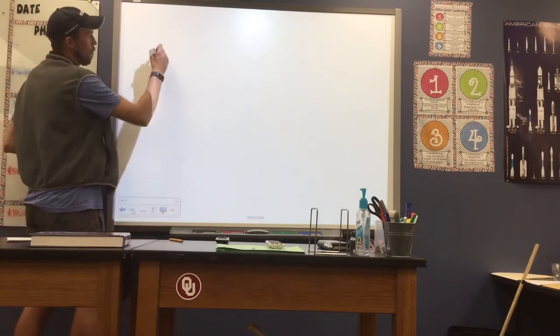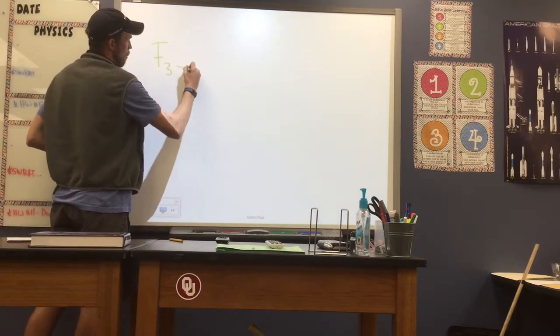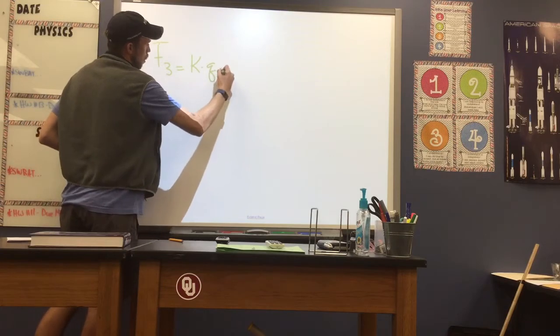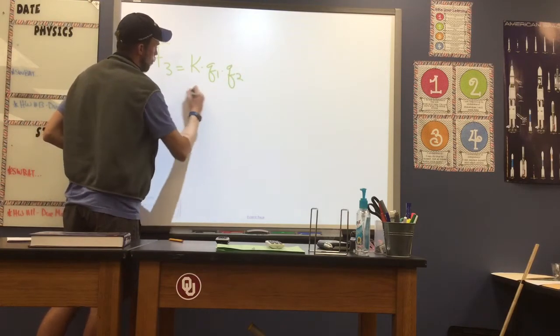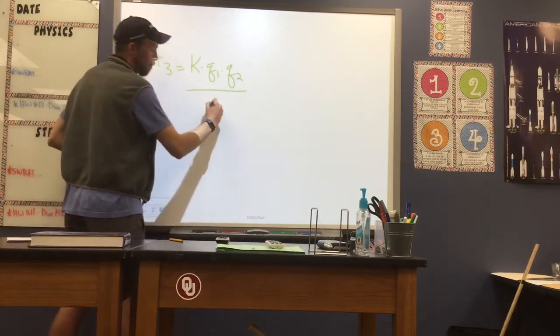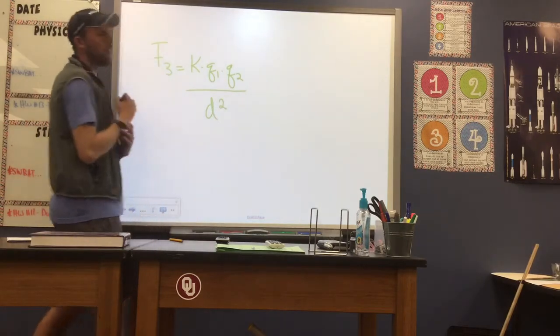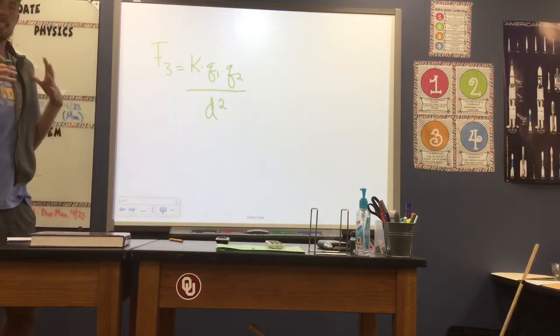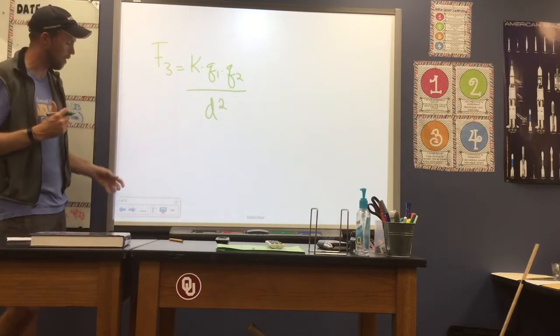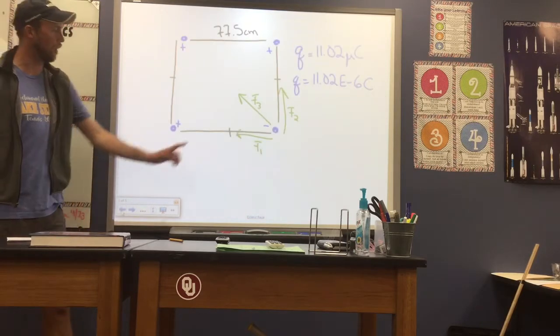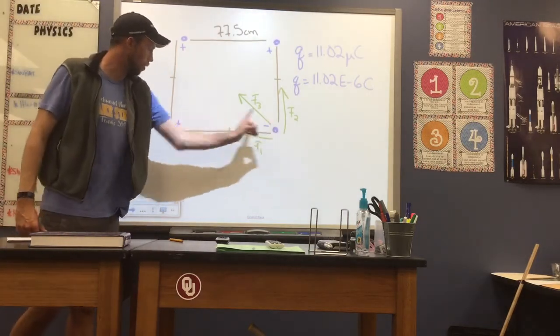Now lastly, I need to solve for F3. So K, Q1, Q2, remember our charges are staying the same here, 11.02 microcoulombs. The difference here is that our distance is a little bit different than our last couple of scenarios, right? Because we're not dealing with a straight line from one charge to another.